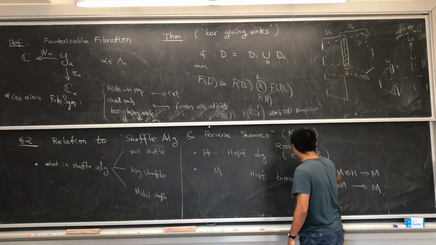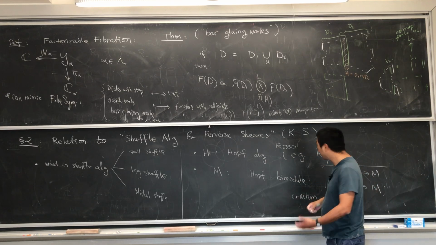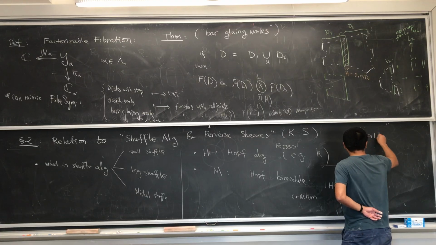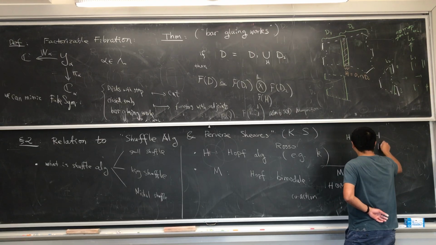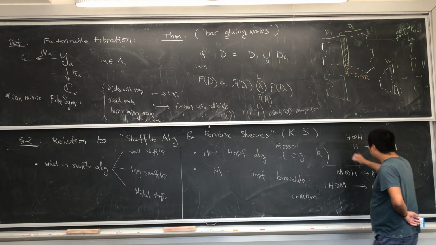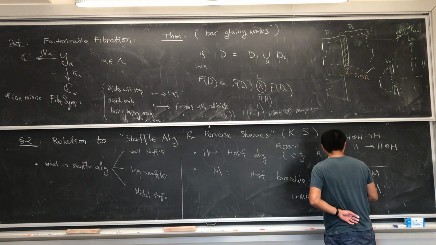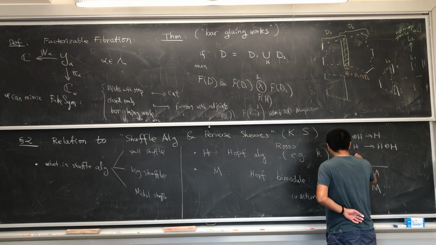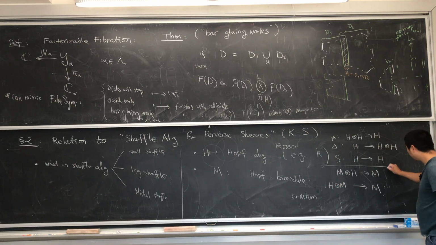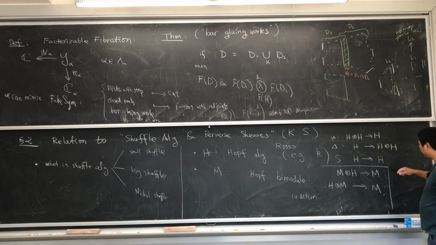Sorry, for people who don't know, a Hopf algebra is basically a bialgebra with certain properties. Bialgebra means you have a product and a co-product. And you have an antipode, a map from H to H. I think it's an anti-homomorphism.